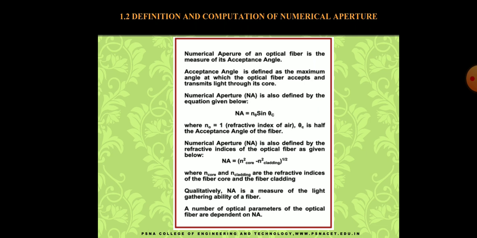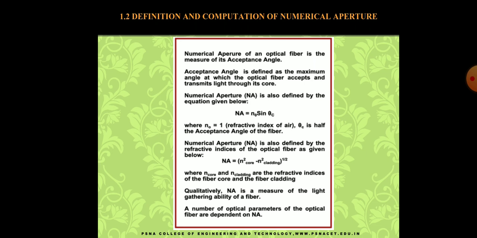Acceptance angle is defined as the maximum angle at which the optical fiber accepts and transmits light through its core. The numerical aperture mathematical expression is given by NA = N0 sin theta c, where N0 is equal to 1, that is the refractive index of air. Theta c is half the acceptance angle of the fiber.